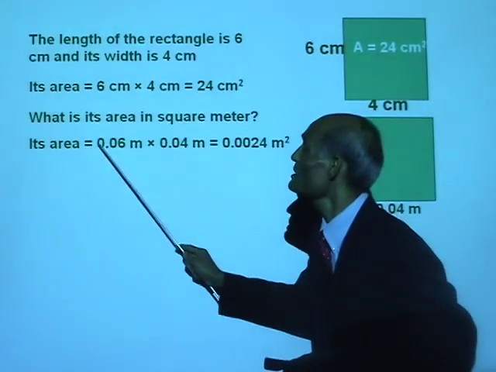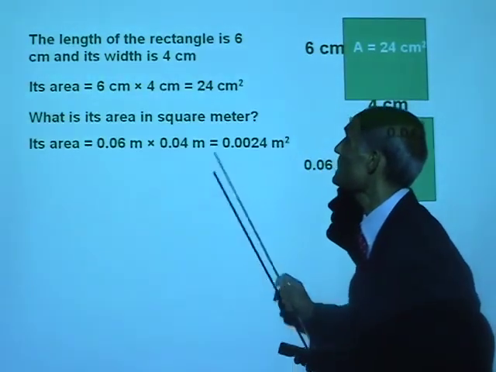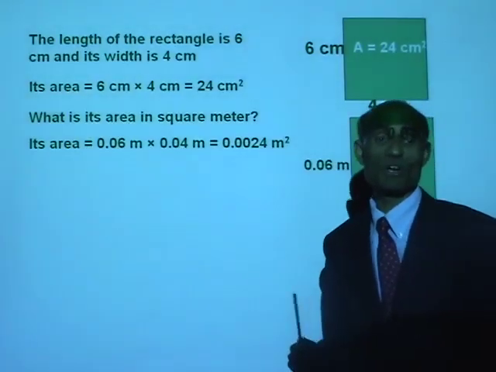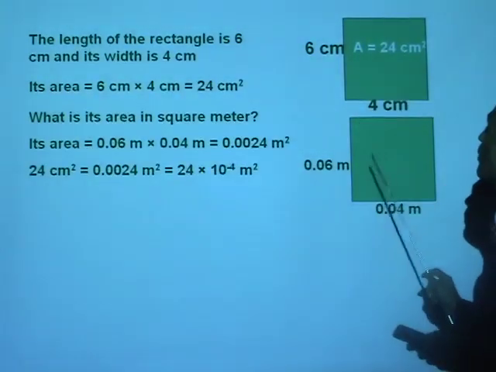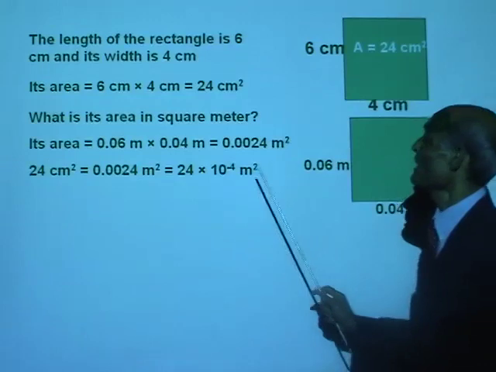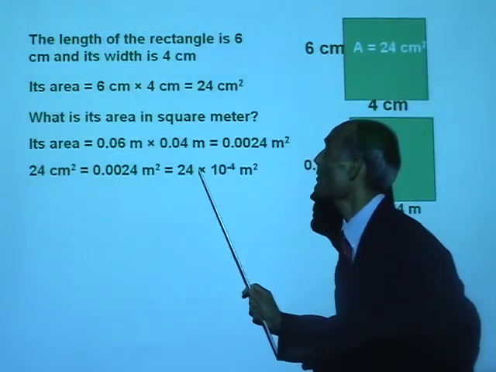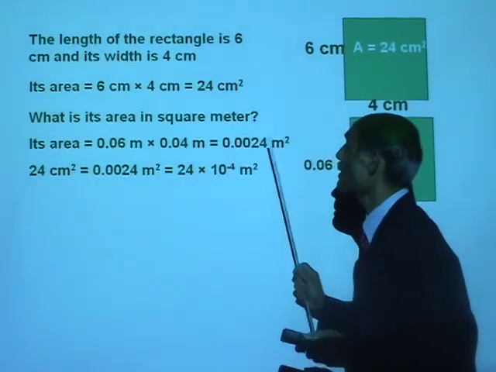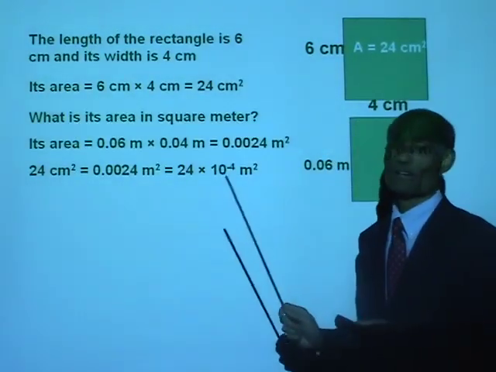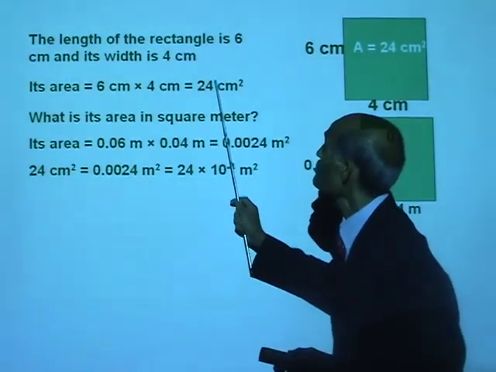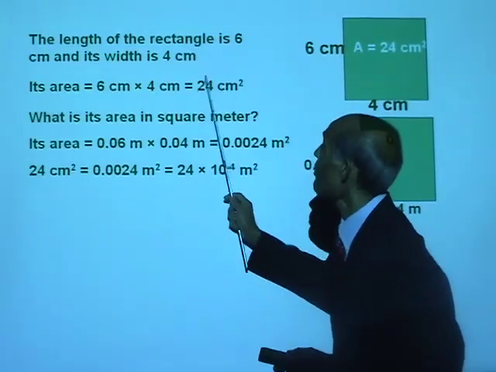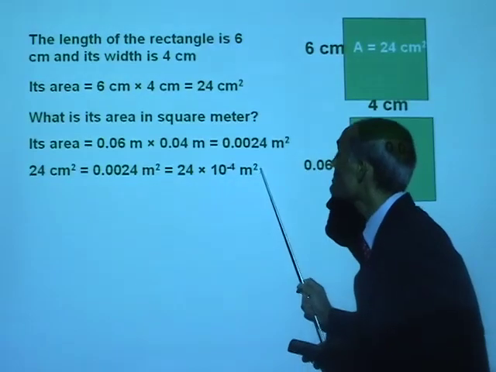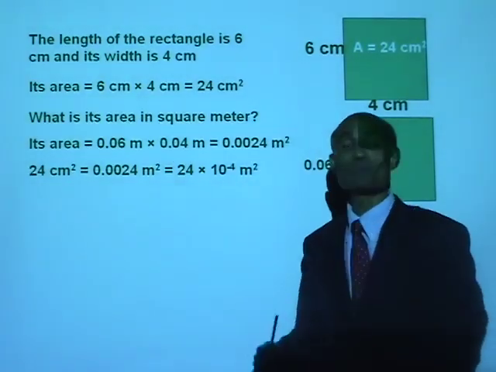So the area, 0.06 meter times 0.04 meter, is 0.0024 meters squared. Look at the way I wrote this one now. It is 24 times 10 to the power of -4. What that tells you is that 24 centimeters squared is the same as 24 times 10 to the -4 meters squared.